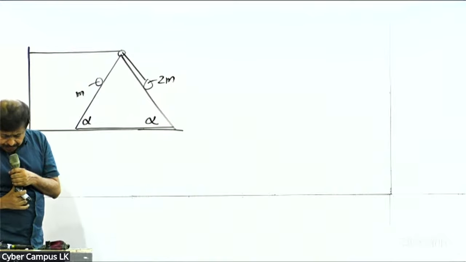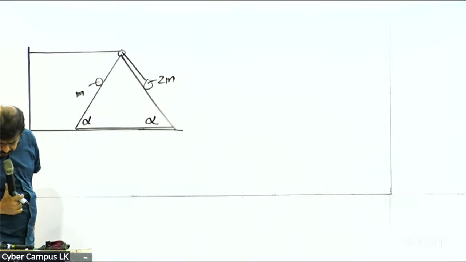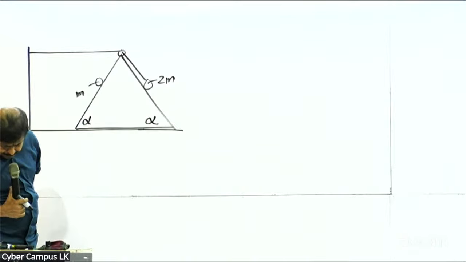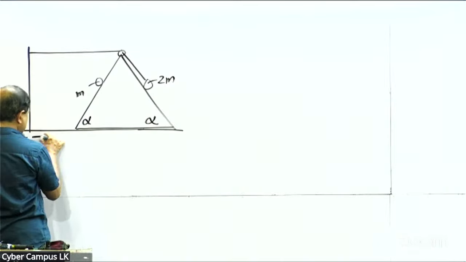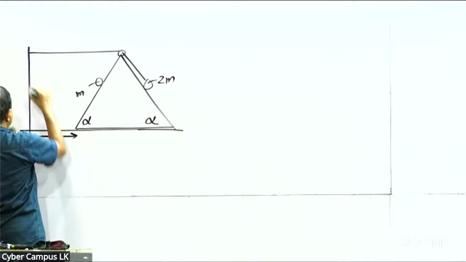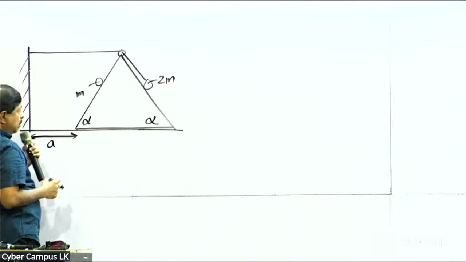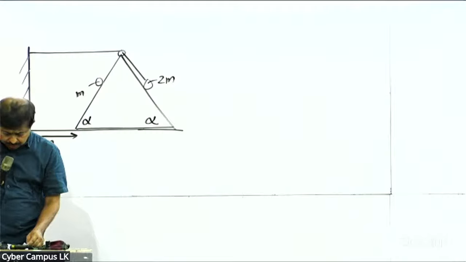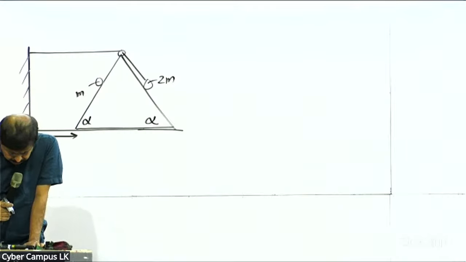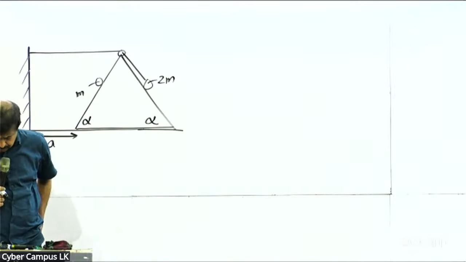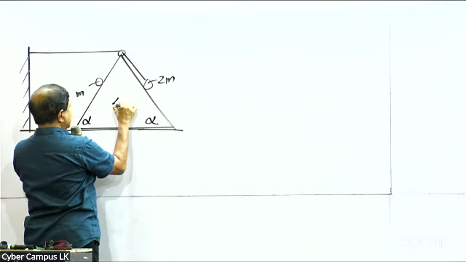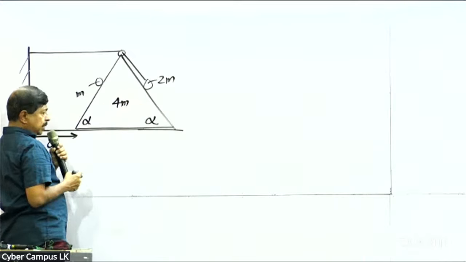These two are M, and the mass of the wedge, hold on, AB6A, let the mass of this be 4M.